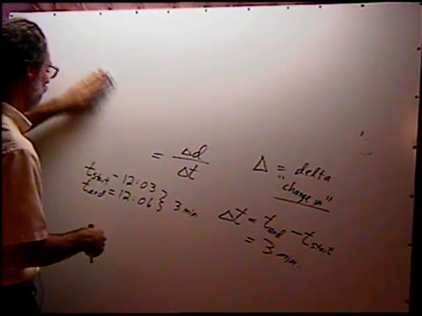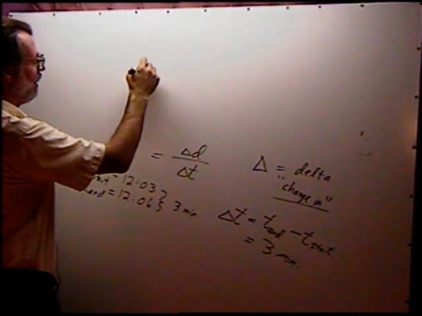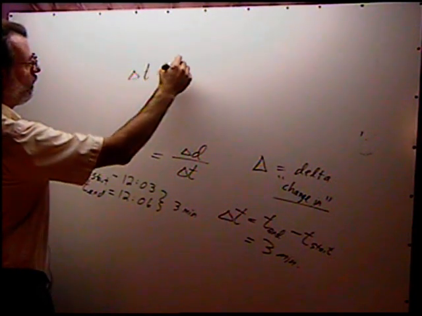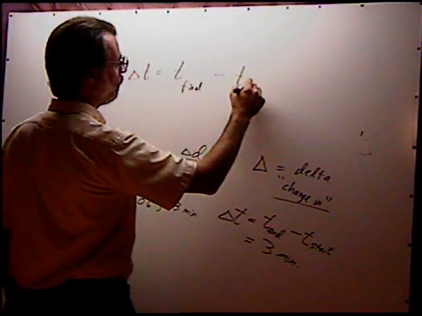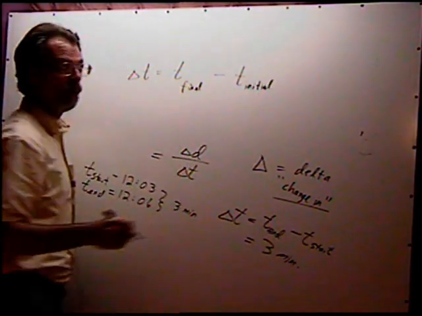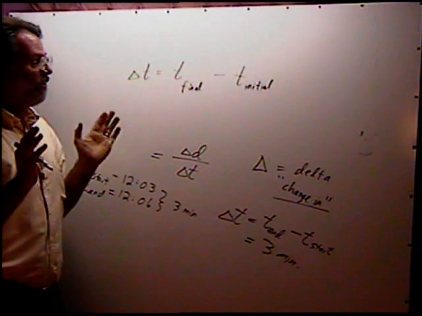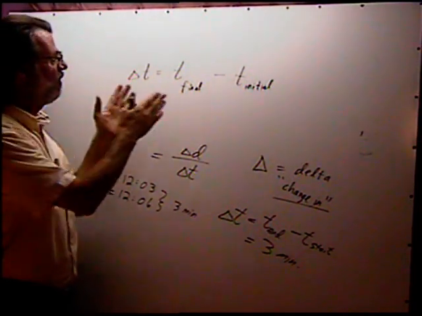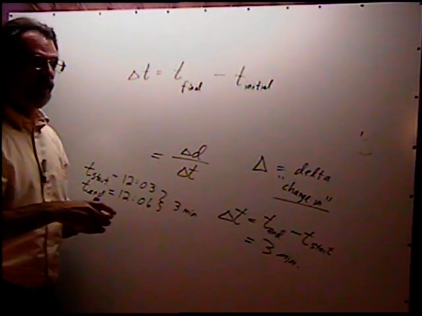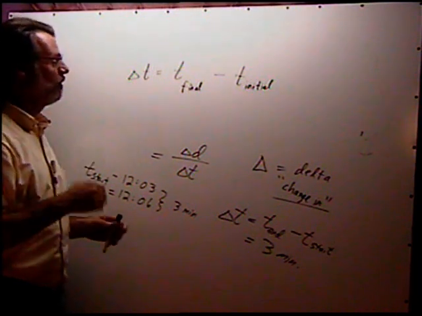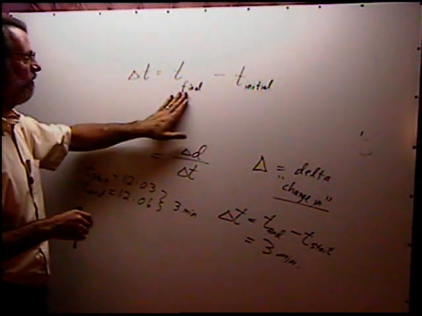In this class, something good to know is that whenever we see a delta t, it would always be the final time minus the initial time. The idea is that we're measuring two different events, a start time and an end time. We're always going to think of physics in the sense of doing a physics experiment where we start a clock and then stop a clock. The time interval is always the final minus the initial.